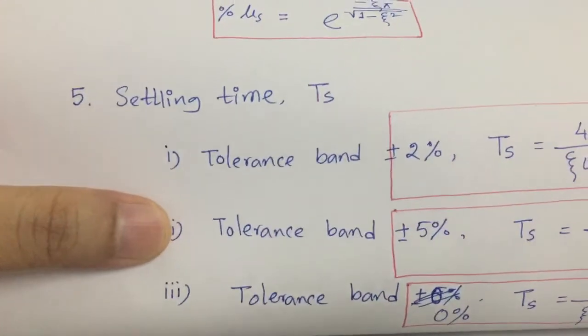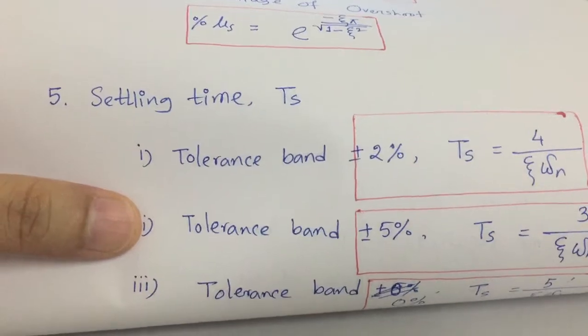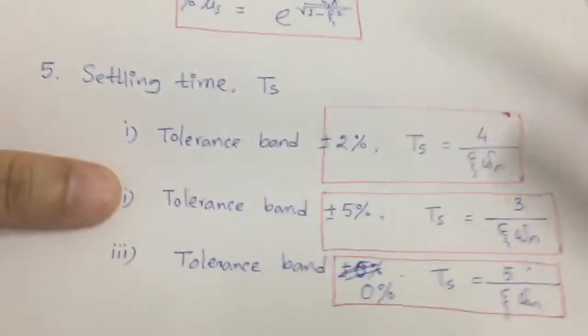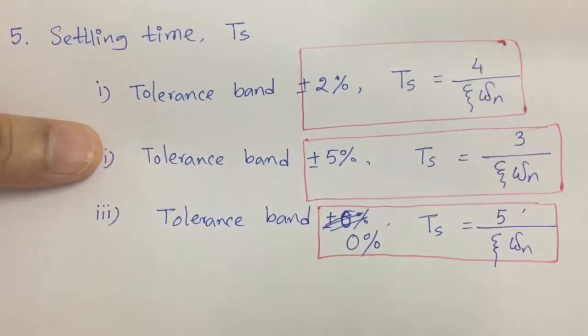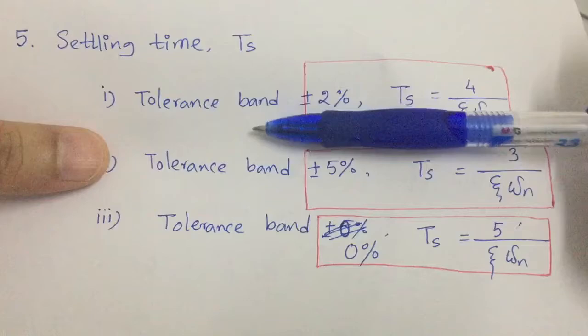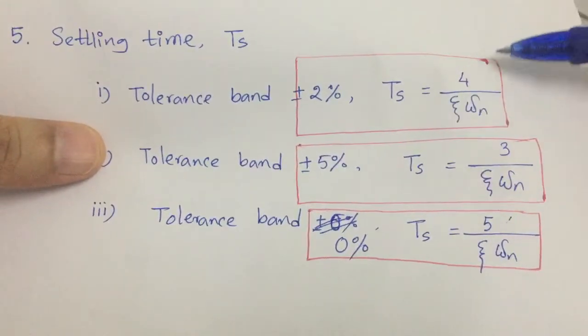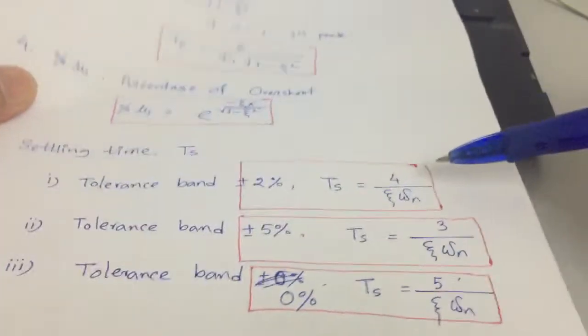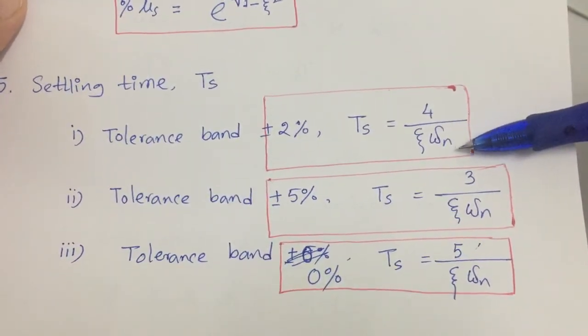Then number 5, we have the settling time. For the settling time we have 3 options. You need to remember all these formulas. If the tolerance band is plus minus 2%, then our Ts will be 4 divided by zeta omega n.